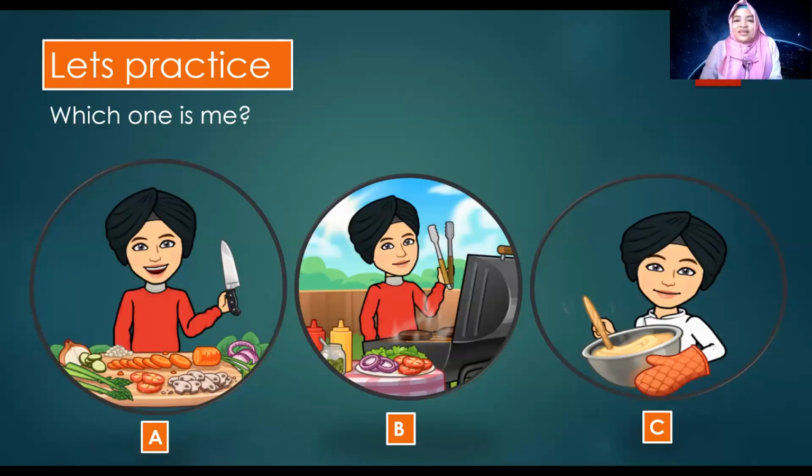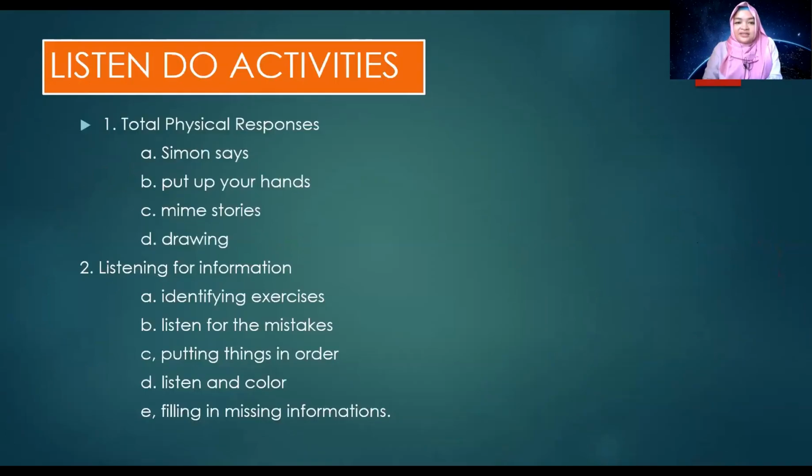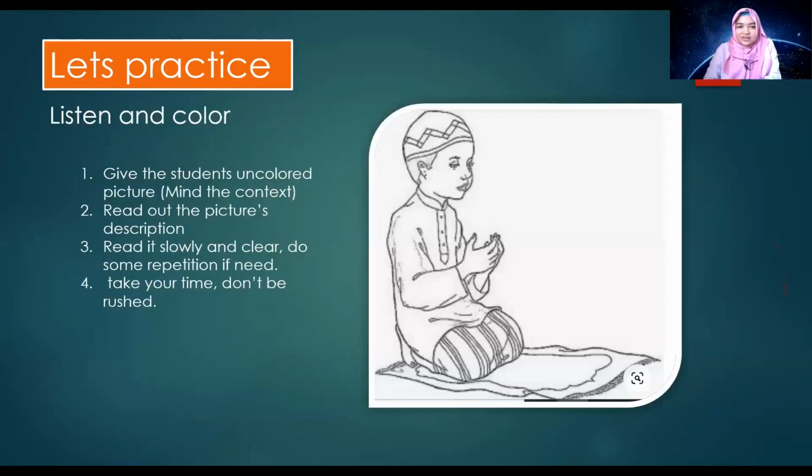Okay. So this is an example of identifying exercise. You may also do many other things. Next is let's practice using listen and color. Nggak bisa ya, because I have to give this black and white picture to you, and then I should read out the descriptions, and the students must give colors on the picture.